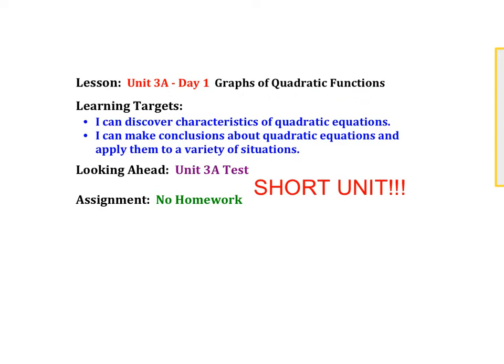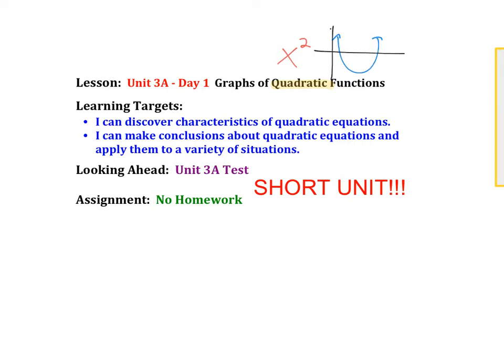All right, so let's get talking here. A quadratic, and we already kind of know this from our parent functions, is any time you have an x squared, with that being the highest degree variable, and those will create graphs that look like U-shapes. We're going to call those parabolas. In this unit, we're going to learn how to figure out all the key features of a parabola.